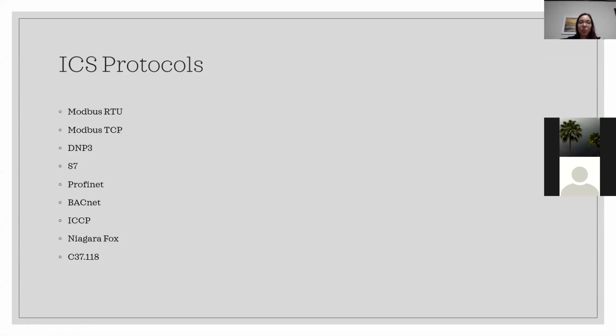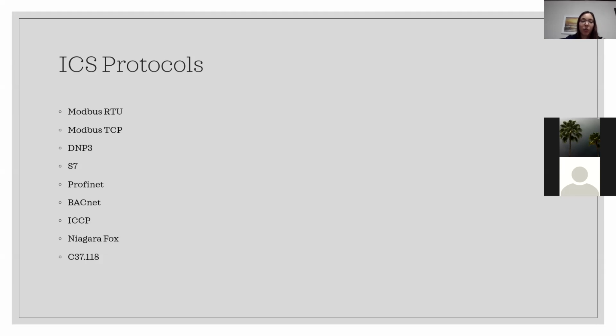Some of the more common ones that you might see when working with ICS systems are Modbus RTU, which is a serial version of Modbus, Modbus TCP, DNP3, S7, Profinet, BACnet, ICCP, Niagara Fox, and C37. So you may see some of those.